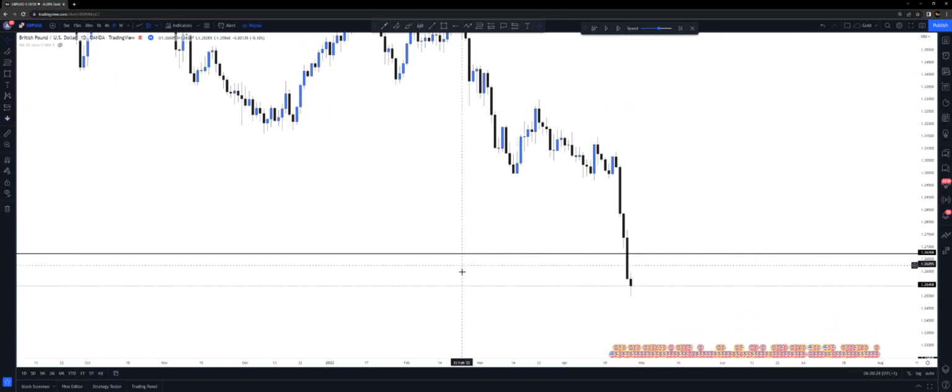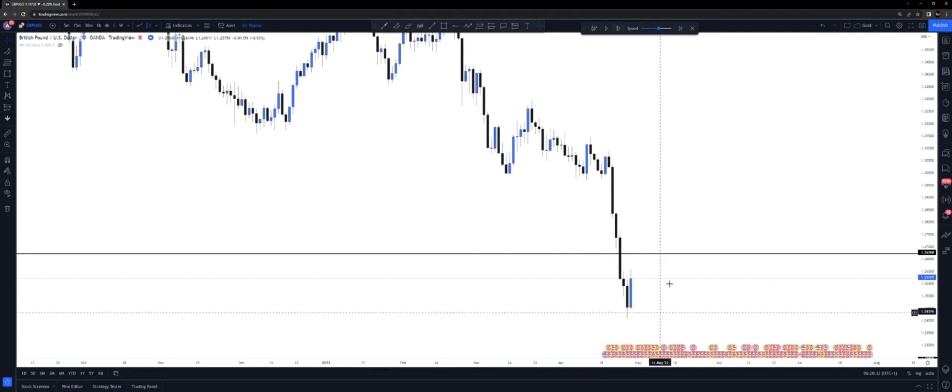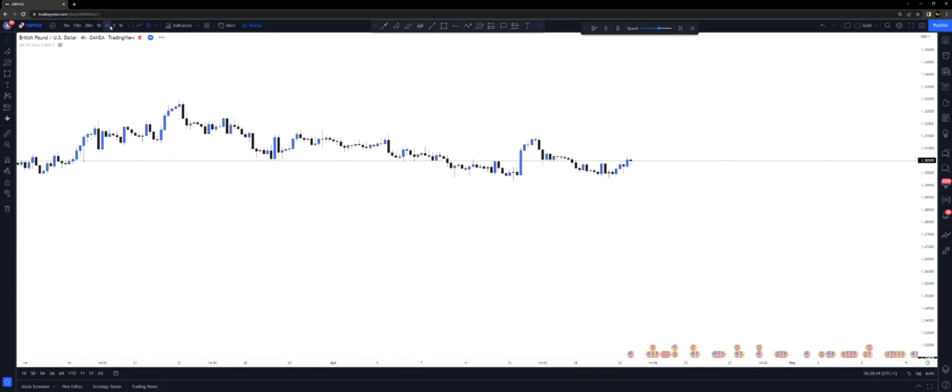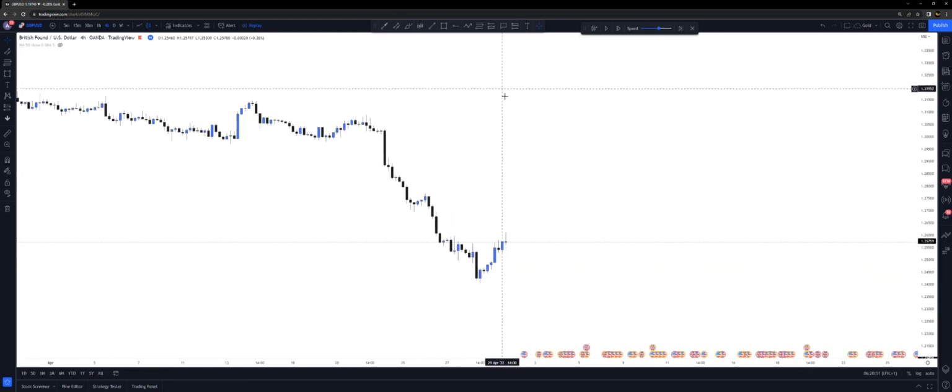Let's go on and be patient as things are moving. Let's be patient. This whole bullish engulfing, the bullish engulfing, this is perfect. So let's go on the 4 hours to see things more clearly. Move this.